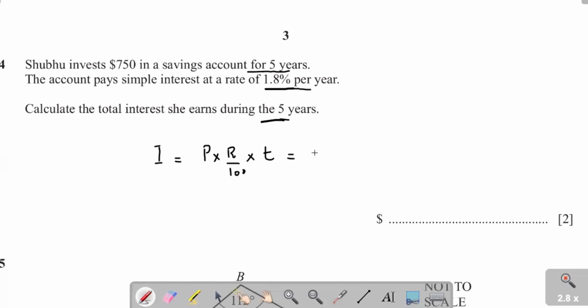Now the principal amount here, the investment amount, is 750, multiplied by the rate 1.8 over 100, multiplied by the time 5. This value will be equal to 67.5, and this is the interest amount after 5 years.